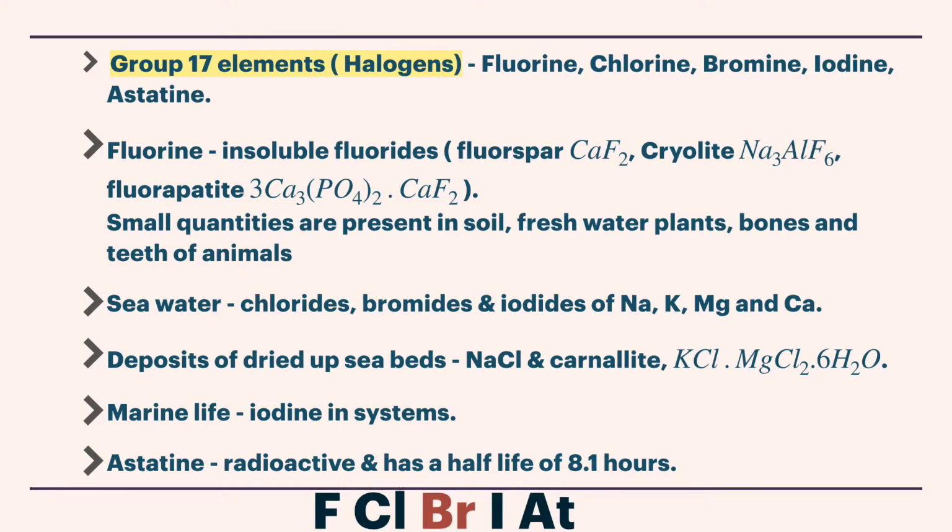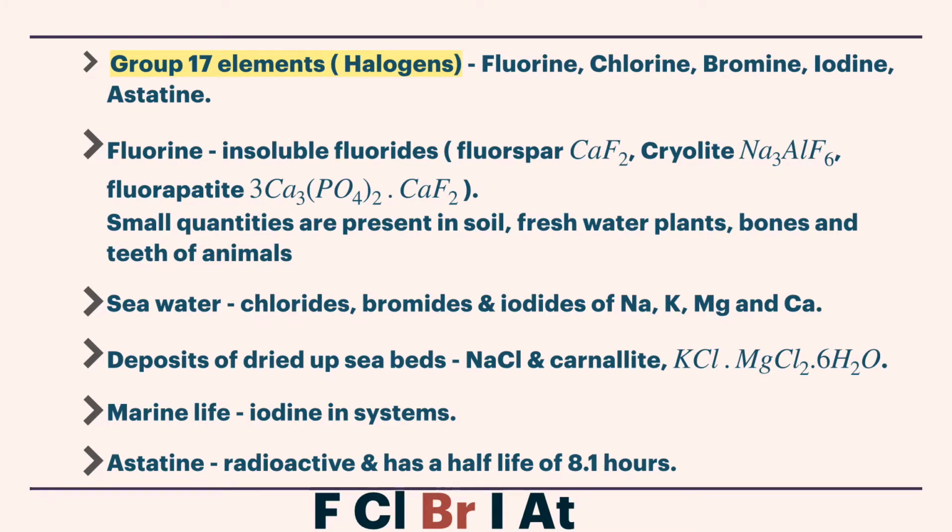And as you can see at the end now, I have written the symbolic form of halogens, that is F for fluorine, Cl for chlorine, Br for bromine, I for iodine and At for astatine. So this also you can just remember.